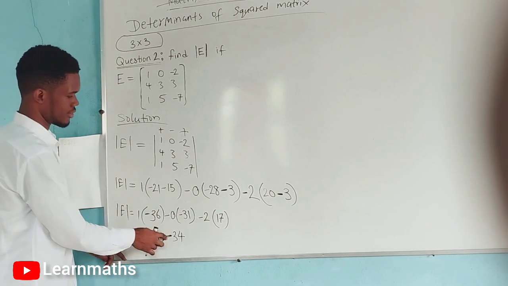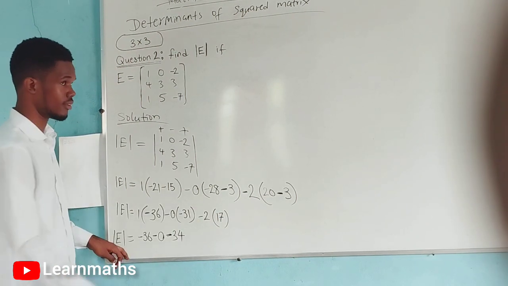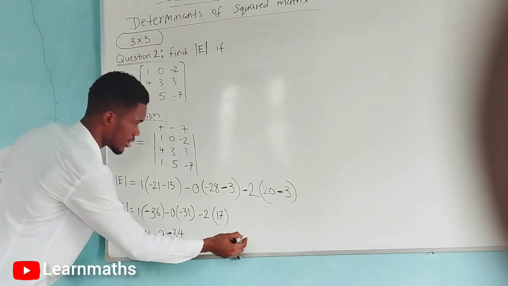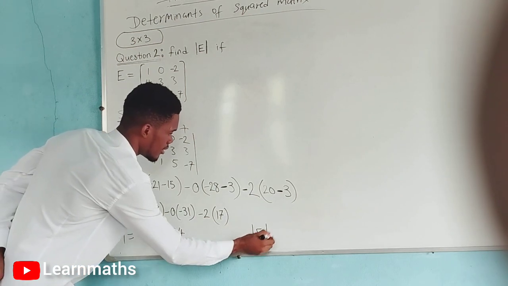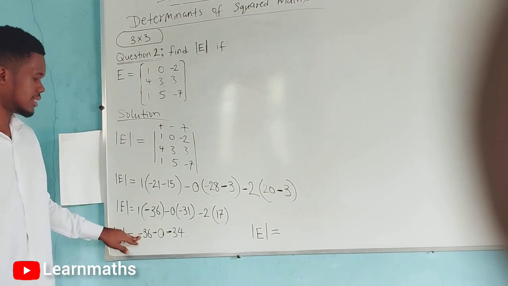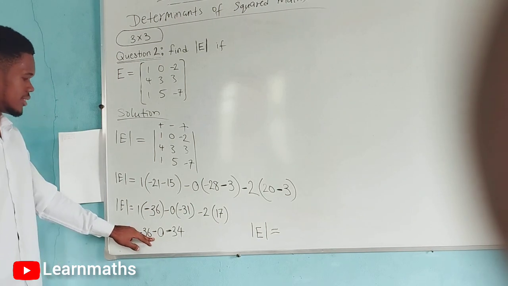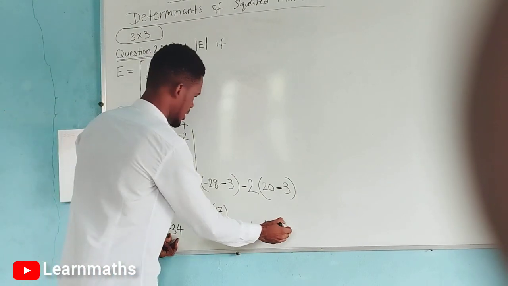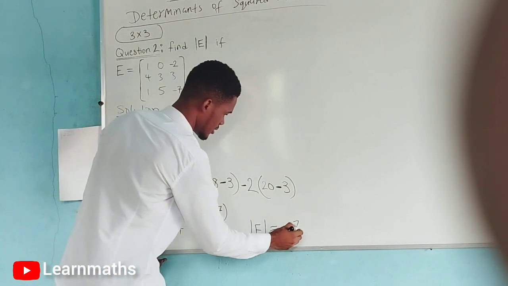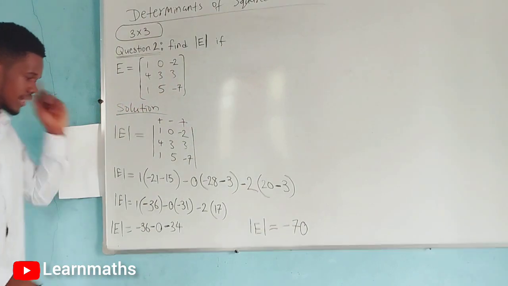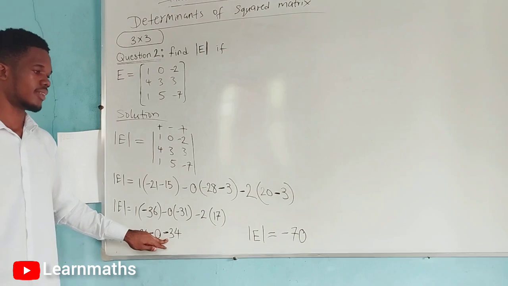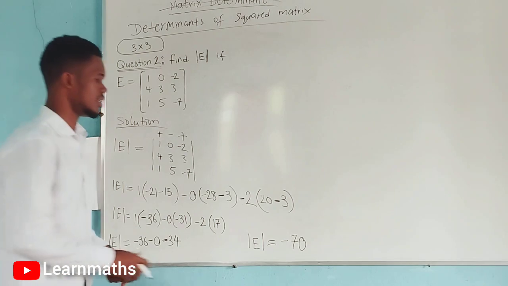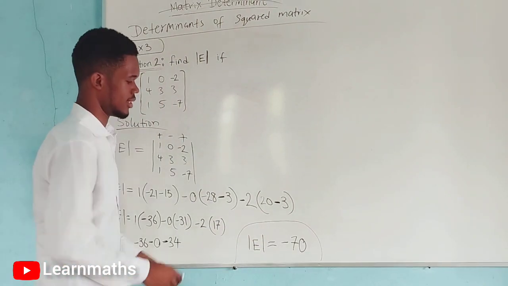Finally we add up everything to get the determinant of E. Minus 36 minus 0 is still minus 36, and minus 36 minus 34 is negative 70. So the determinant of this matrix E is equal to negative 70.